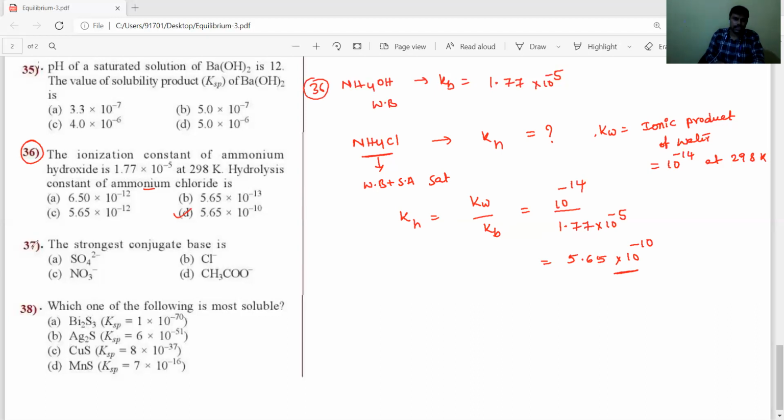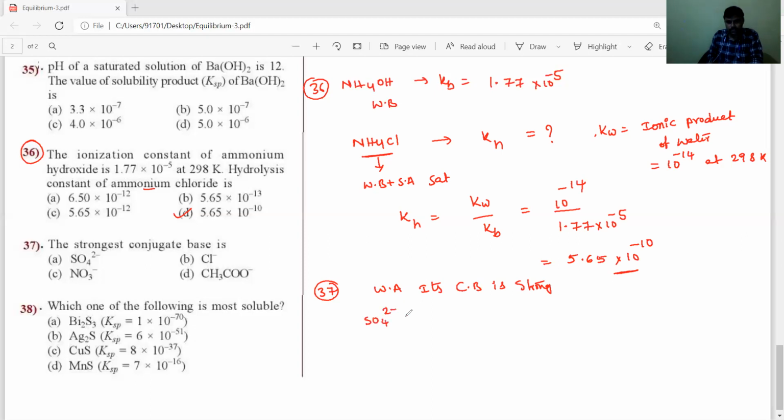Let's see the 37th question. Strongest conjugate base we have to identify. We know that if an acid is weak, its conjugate base is strong. So among these, you have to write the corresponding acids.